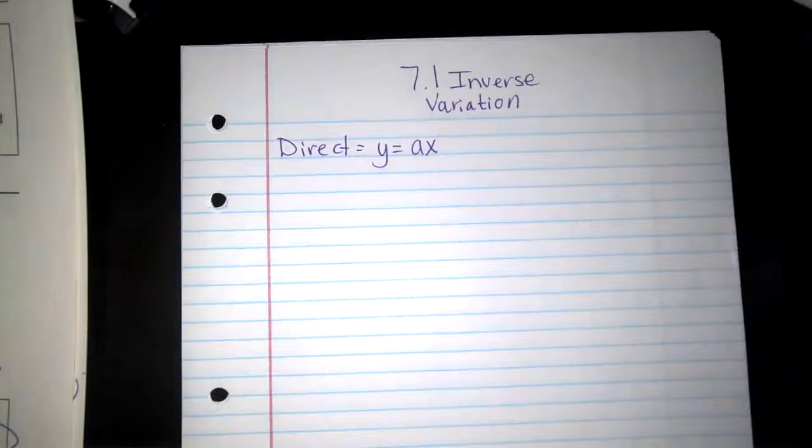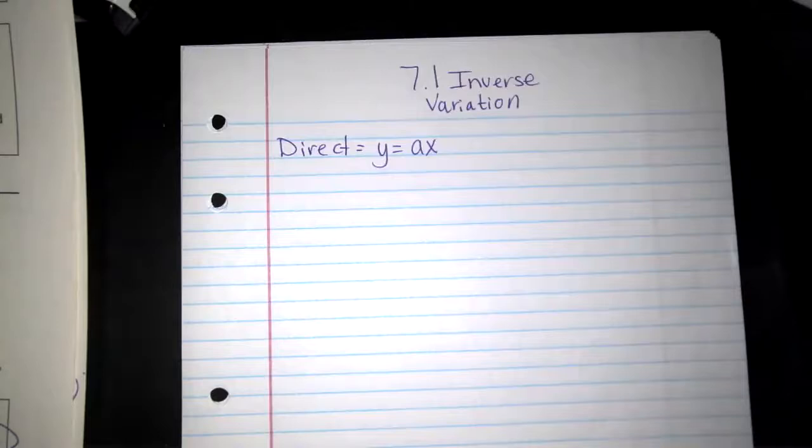And notice, if this is y is equal to ax, then when we go to linear reg on our calculator, it says y is equal to ax plus b, but there is no b. So that means every direct variation goes through what point? Do you remember this? 0, 0. It goes through the origin. Awesome, good job. So it doesn't have a y-intercept.